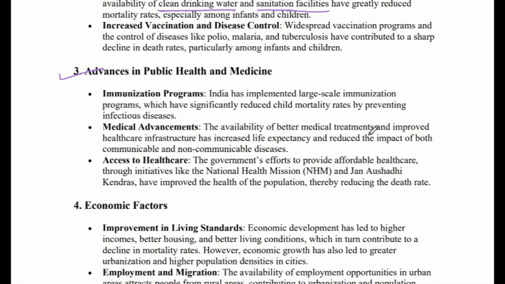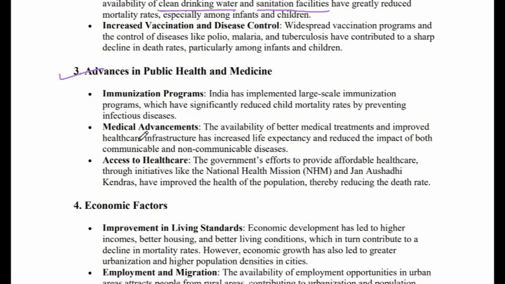Better medical facility treatments are available. Improved healthcare infrastructure is there, and that has increased the life expectancy and reduced the impact of both communicable and non-communicable diseases. That is, that which can be spread by contact, even through air also.